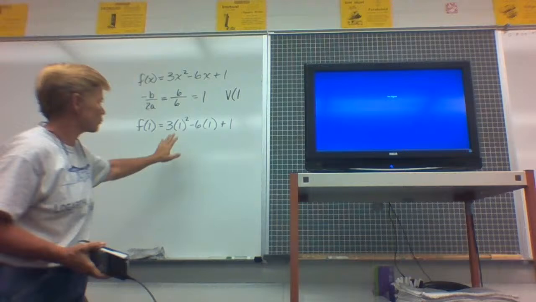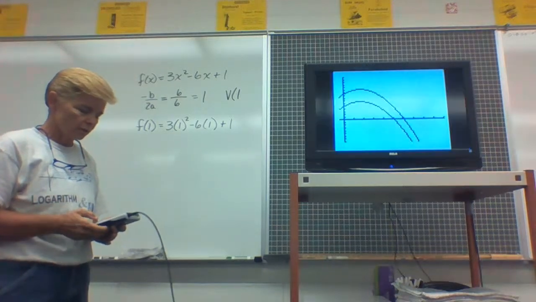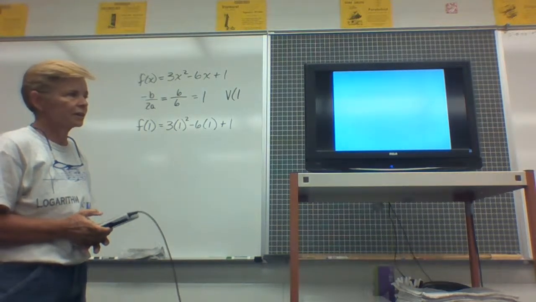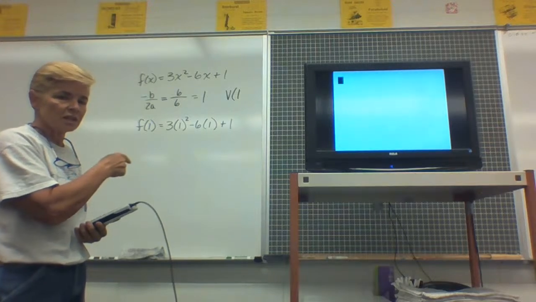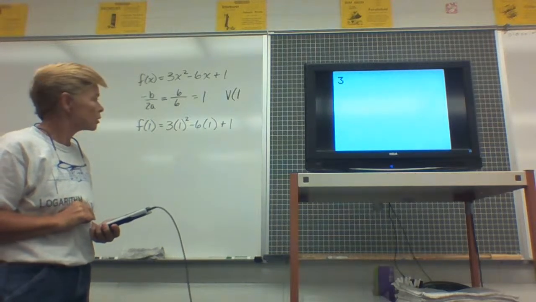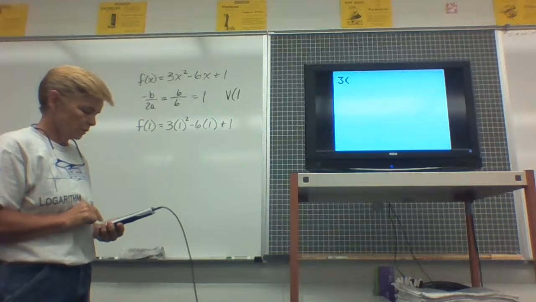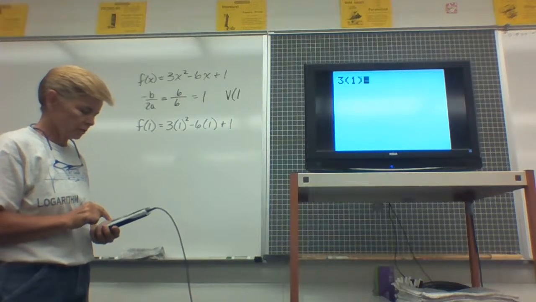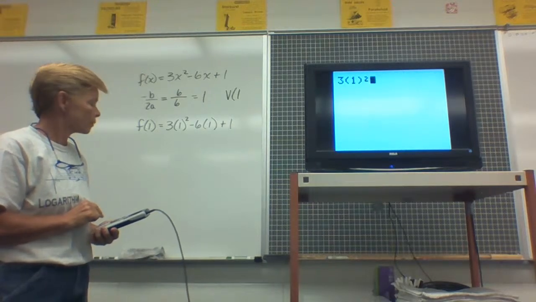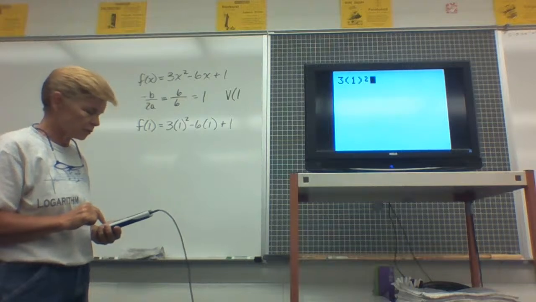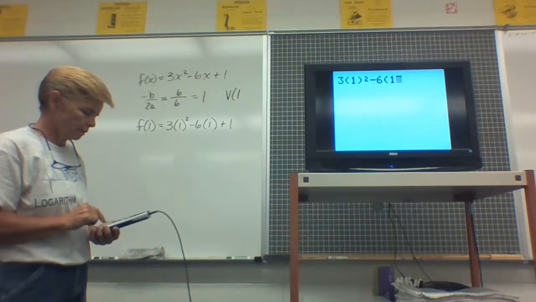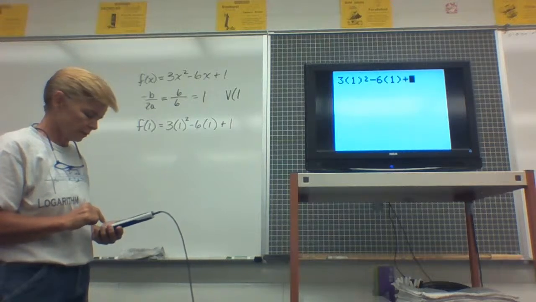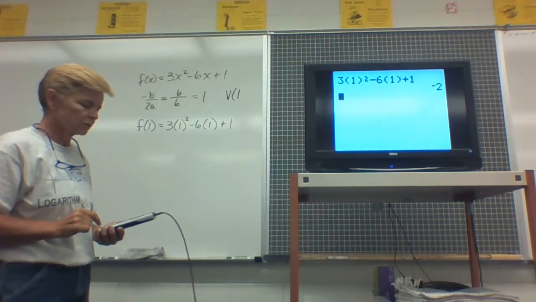Once you get to this point right here, put it in your calculator and make it do the calculating. So you would type exactly what you see, which is 3, parenthesis, 1, close it, squared, minus, the minus sign, not negative sign, 6, parenthesis, 1, close it, plus 1, and then hit enter, and it will tell you the y value.